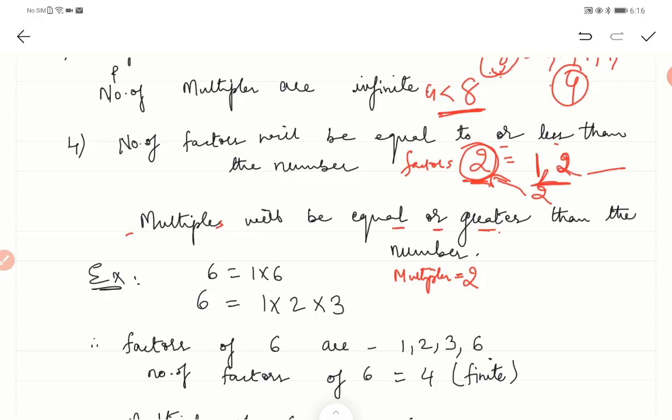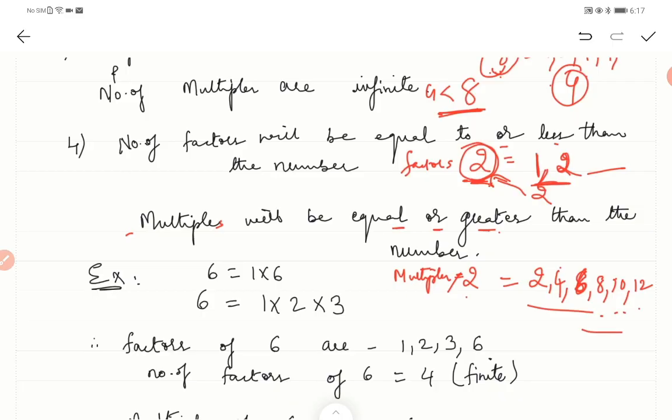What will the multiples of 2 be? You need to take your table. 2, 4, 6: 2 ones are 2, 2 twos are 4, 2 threes are 6, 2 fours are 8, 2 fives are 10, 2 sixes are 12, and so on. All these are multiples of 2.